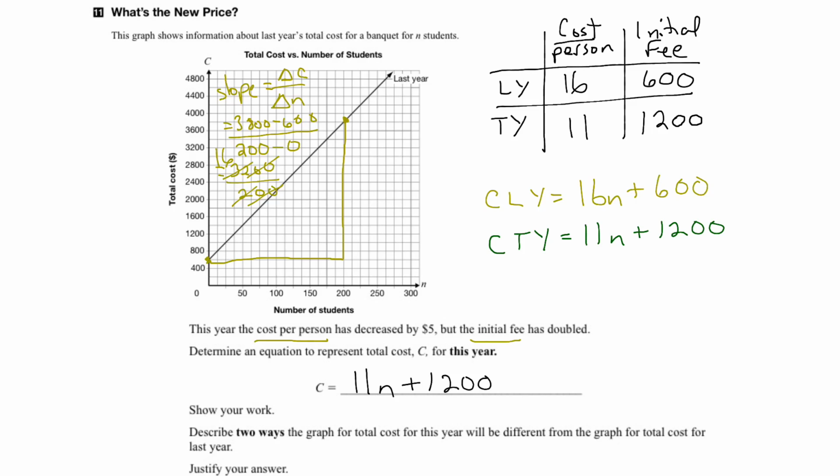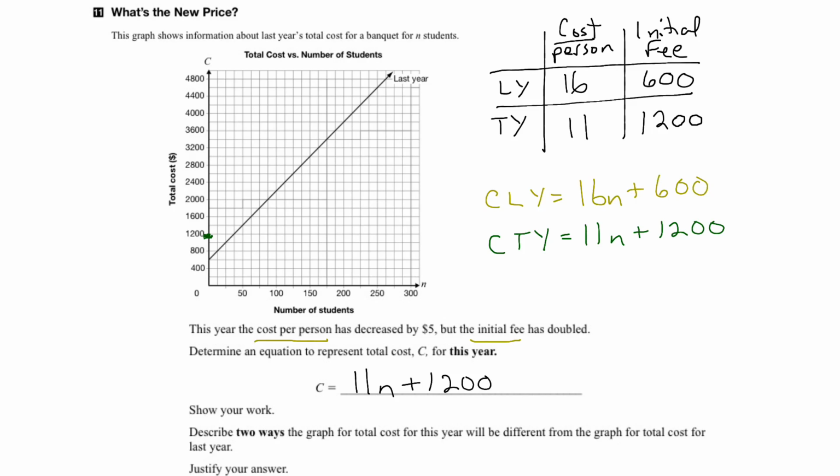To finish off, we have to describe two ways in which this year's and last year's cost lines are different. Well, let's go ahead and graph this year's line. I'm going to erase this part here to make it a little bit easier to see. So we know that the initial value for this year is $1,200, so we can put that point right there on our graph.